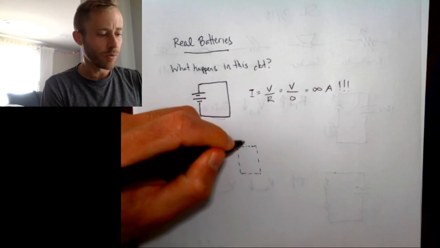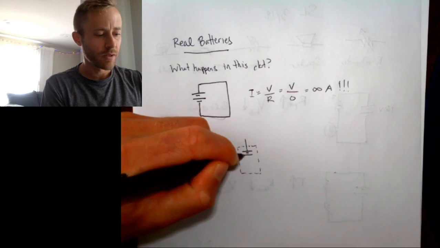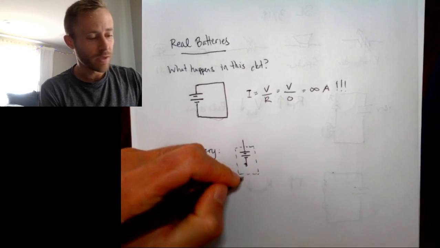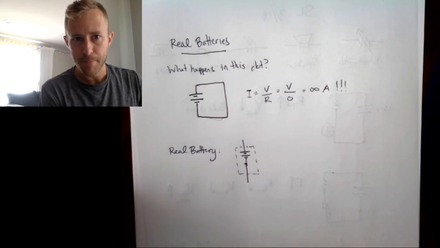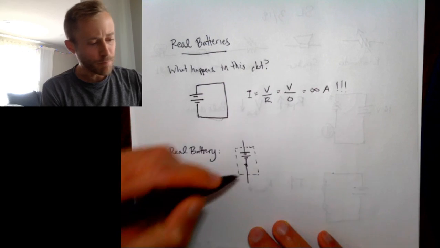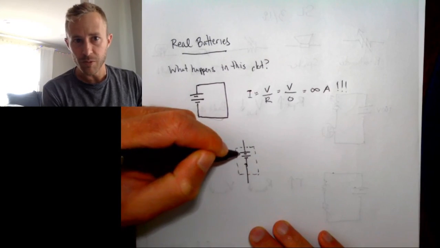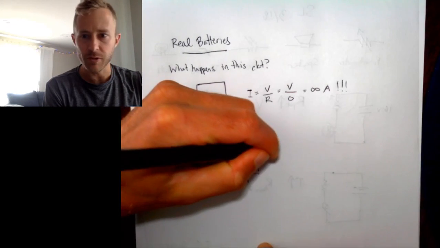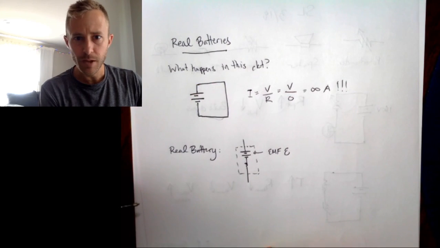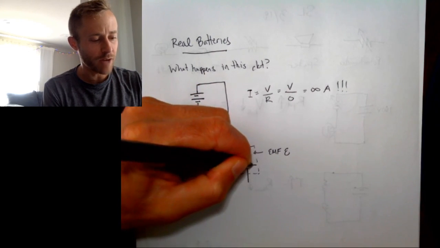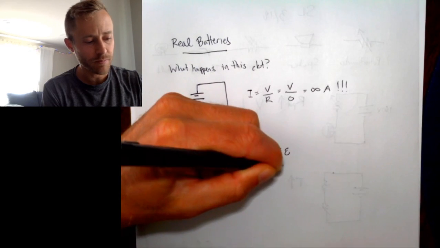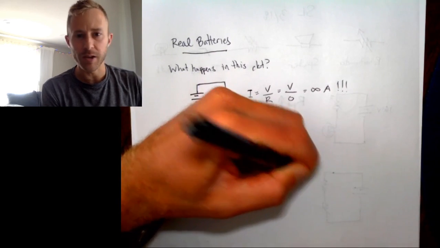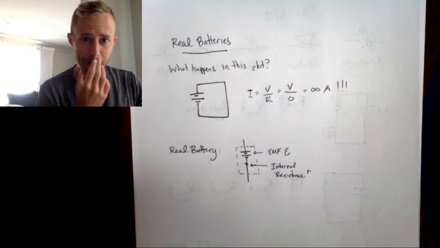And a real battery can be thought of as an ideal battery, so a battery that could output an infinite current, and then in series with a resistor. Okay? And so the voltage of the real battery is called the EMF, which is denoted by curly E. Okay? And the resistance of the battery is called the internal resistance, which is denoted by little r. Okay?